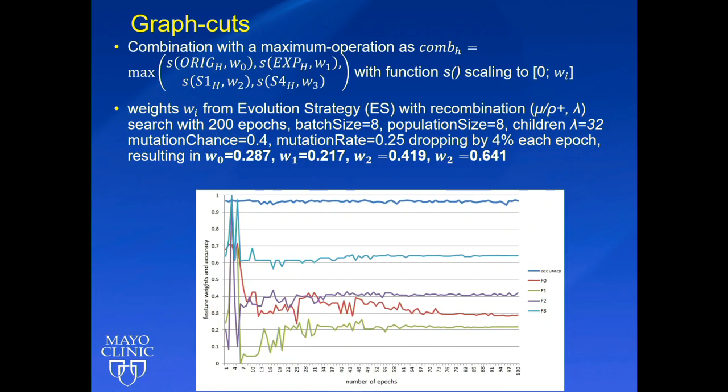How do we get the weights? Not in an empiric way, but with evolution strategy, optimizing it with evolution strategy. Unluckily, you cannot optimize the weights with deep learning itself. That was my first try. And there you should think about the problem before you implement it, because the problem definition of graph cuts itself, as we have it, is that you cannot differentiate.